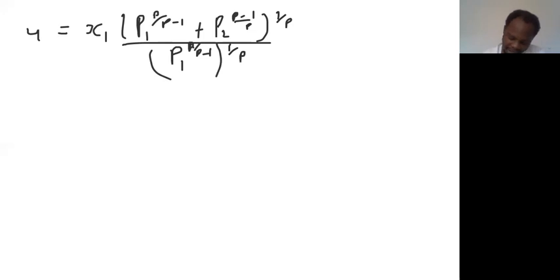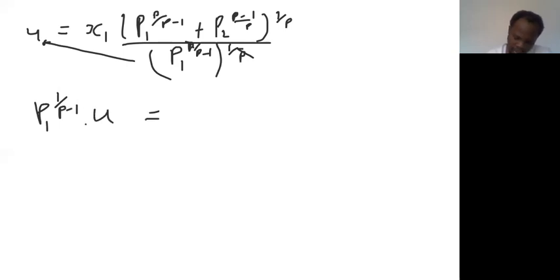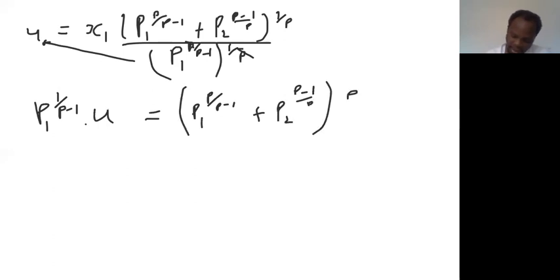So that means this φ here can cancel the φ here at the top, right? So that this one becomes P1 exponent 1 over φ. Then I can multiply this by this. Then I will have P1 1 over φ minus 1 multiplied by u is equals to P1 φ over φ minus 1 plus P2 φ over φ minus 1, to the power 1 over φ, right? Great. Multiplied by x1.